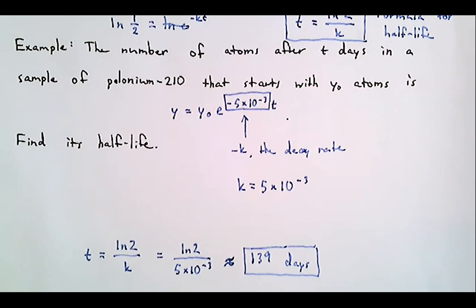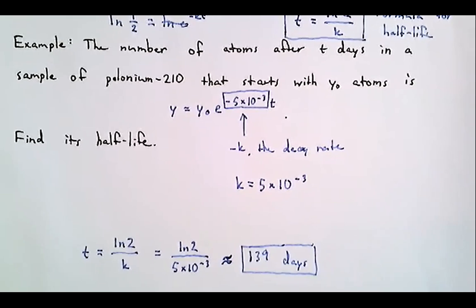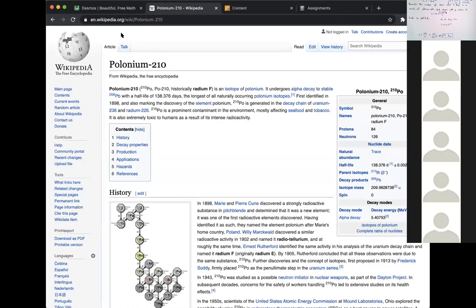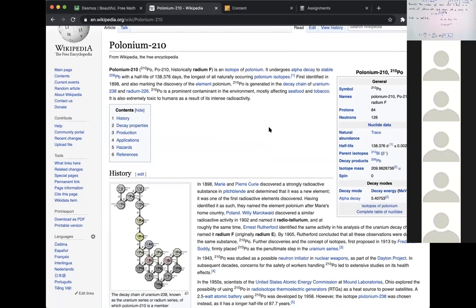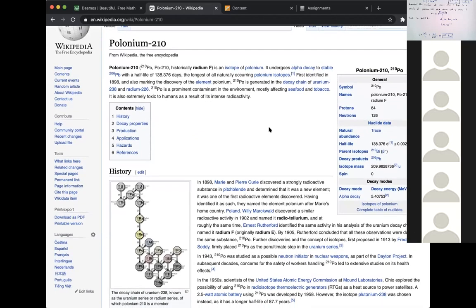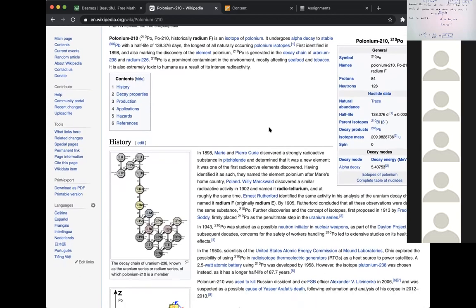Oh, okay, so if you're curious about any of these topics that we're talking about, since they are related to science and other things, like this one, polonium 210, if you wanted to take a look at its Wikipedia article, which I have pulled up here, you can read a little bit about the actual science of how it works and its history.